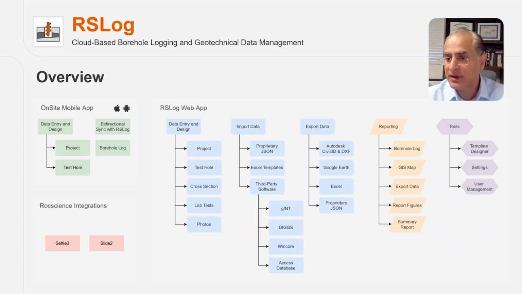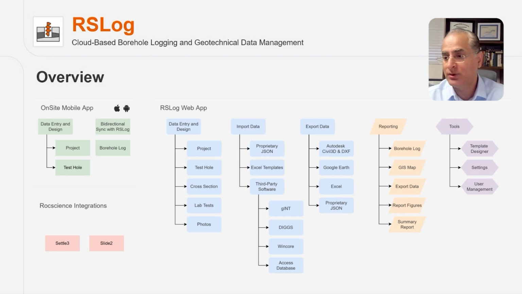Different reporting features in RSLog. It's not just the borehole logging. Borehole logging is one of the basic features in RSLog. We also have a GIS map. You can export your data in different formats from JSON and CSV and everything. And we also have a project summary report where you can get a summary of all the list of your boreholes and groundwater measurements and some select field tests or lab tests if you want.